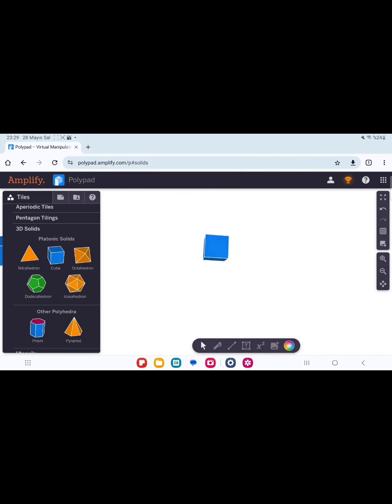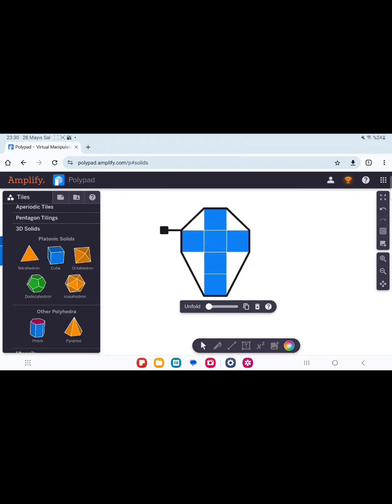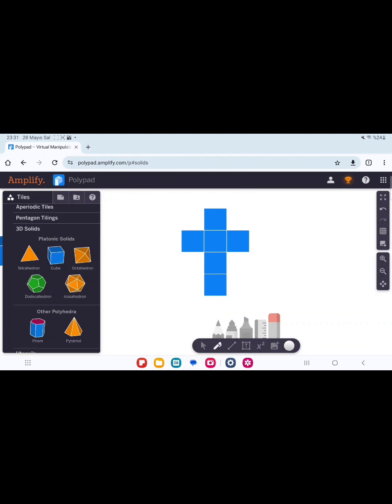Let's explore the intersecting edges in the expansion of the cube. This side is A and this side is B. As the shape closes, you will see that A and B overlap.